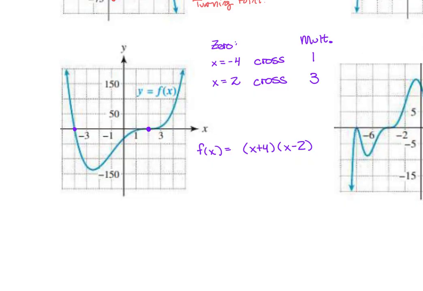It has a multiplicity of 3, and so we are going to put an exponent of 3. When we look at our degree, we have a total of 4 factors, including the x minus 2 cubed. And so our degree is going to be 4.